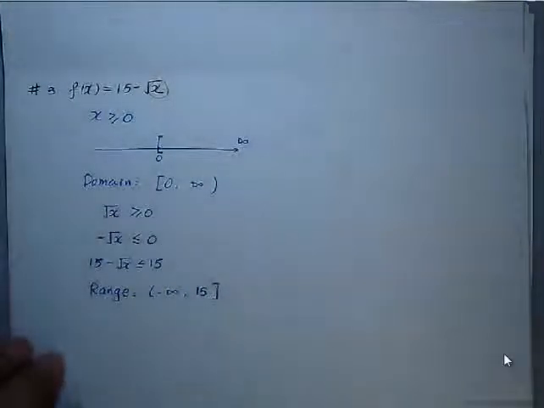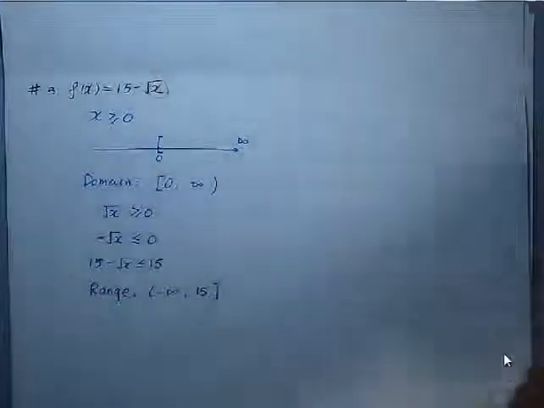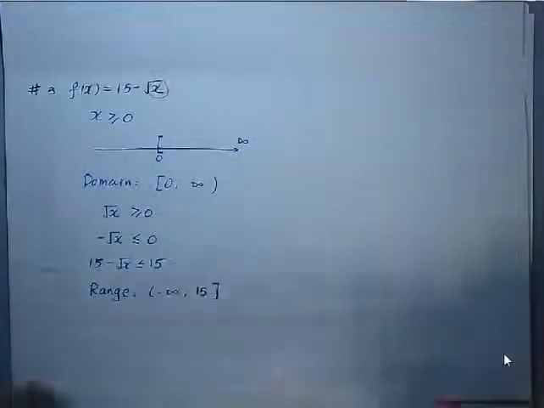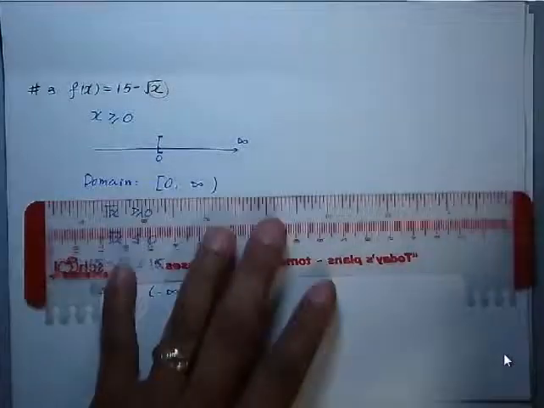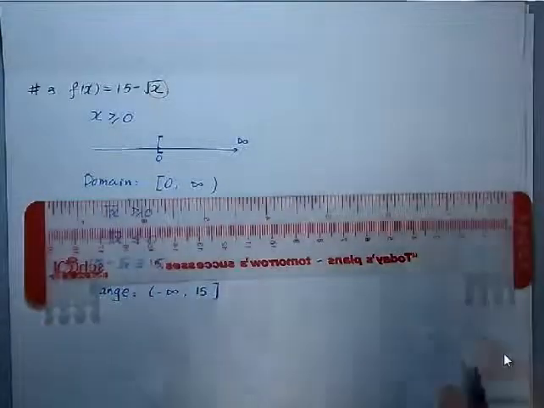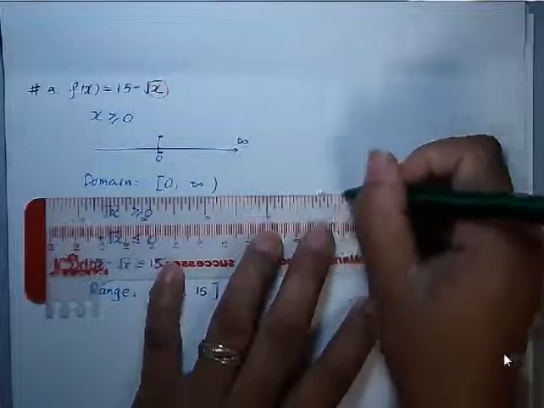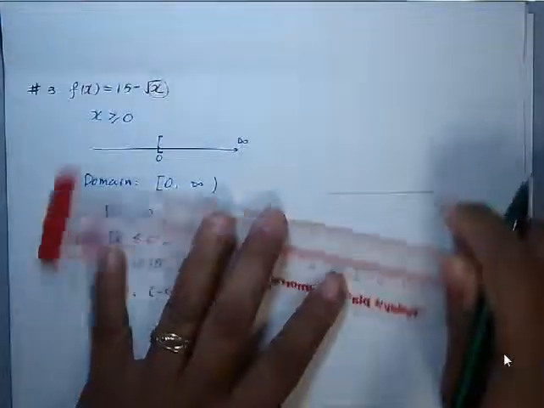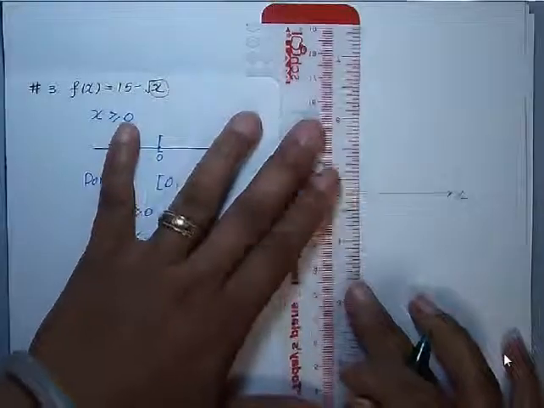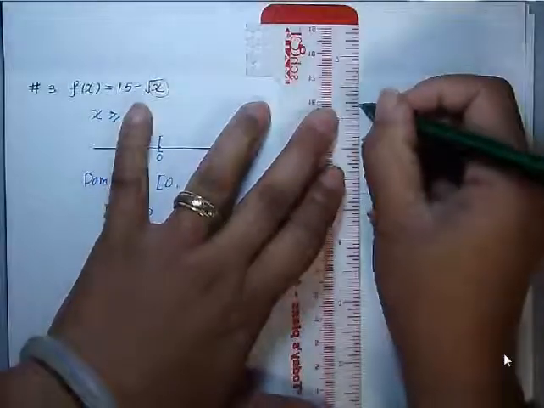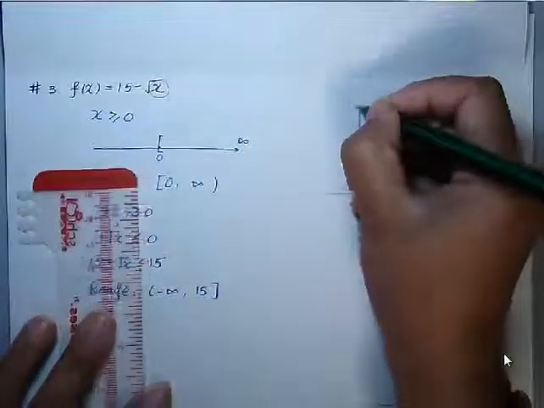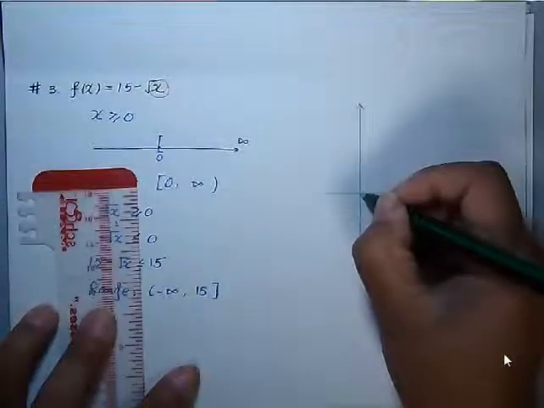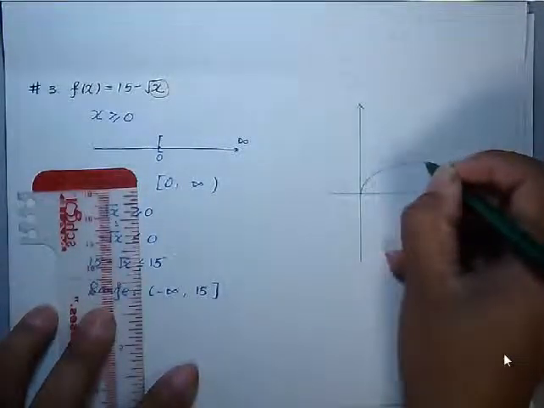Also, you can get that information from the graph. Think about the way we learned about transformations. If we start from the function square root of x, that's our parent function. Square root of x looks somewhat like this.